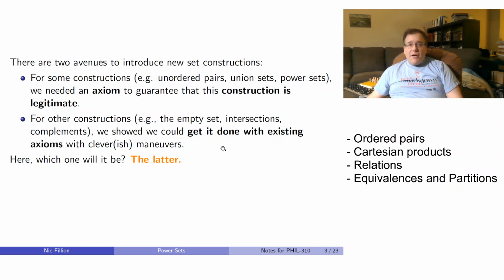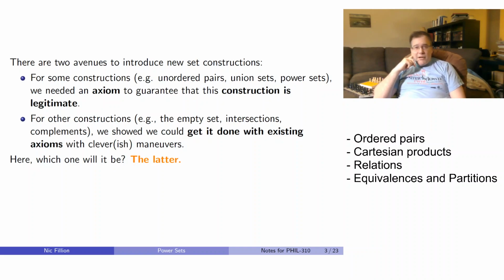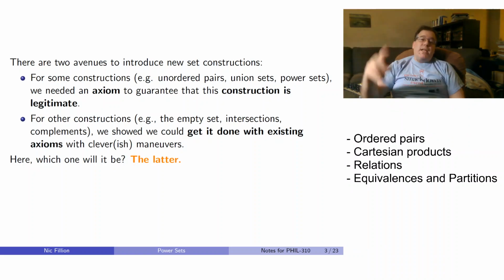And the second is, well, maybe we don't need to introduce a new axiom because in fact, we can show on the basis of axioms that are already there and more or less clever maneuvers that, based on what we have, the construction in question is already implied to be legitimate.